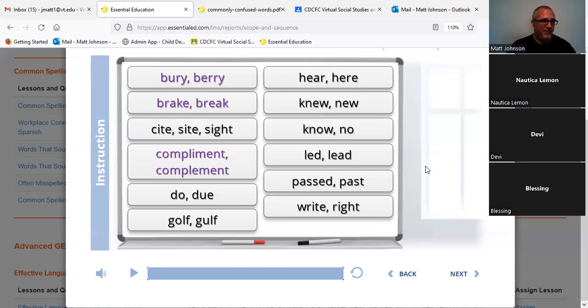Anybody know what I'm thinking of? And I'm surprised it's not on this list because there's another word that's spelled like it too. How about read and read, right? R-E-A-D is read.